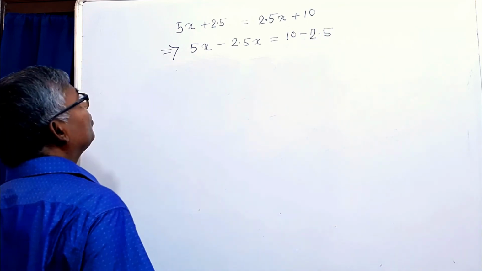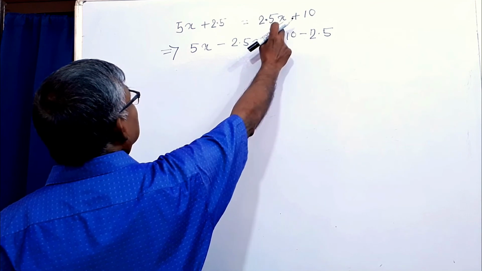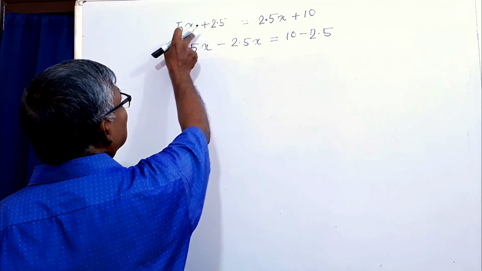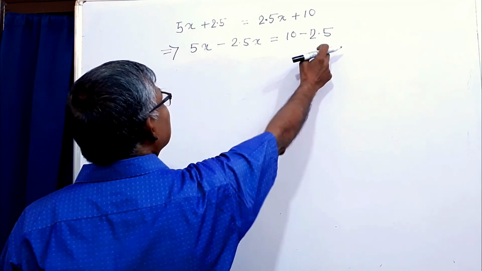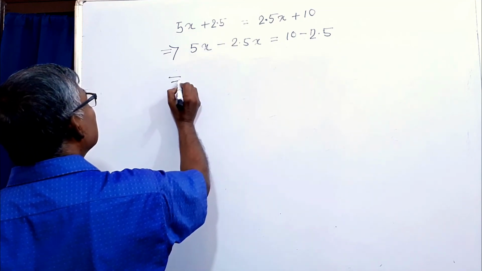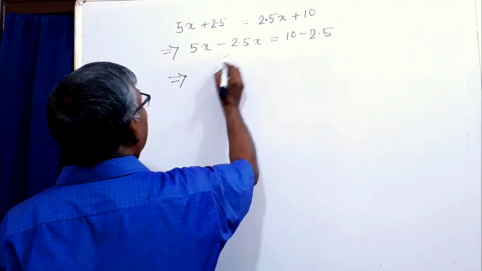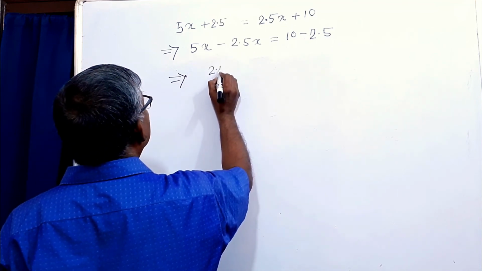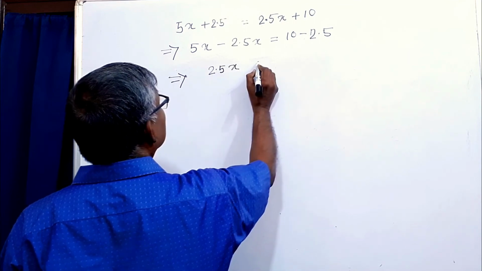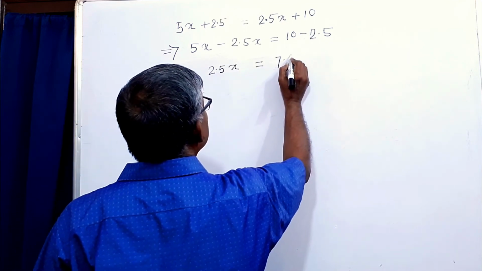You know here is x, so it is transposed here and the constant term is transposed to the right hand side. After subtraction we will get 2.5x equals 7.5.